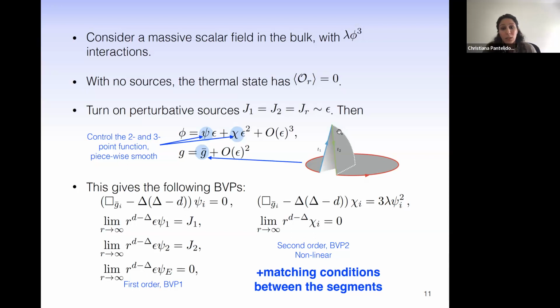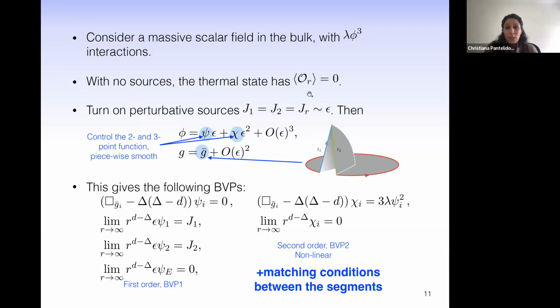Now, let me do the following. Let me turn on perturbative sources. Namely, I want to turn on a source J1 on segment 1, a source J2 on segment 2. I want to take the 2 to be equal to each other and equal to J_R. And I want to take that J_R to be perturbatively small. So epsilon will essentially be controlling that expansion.